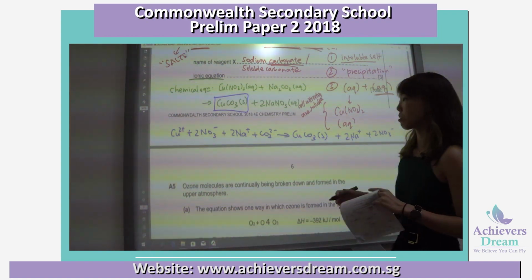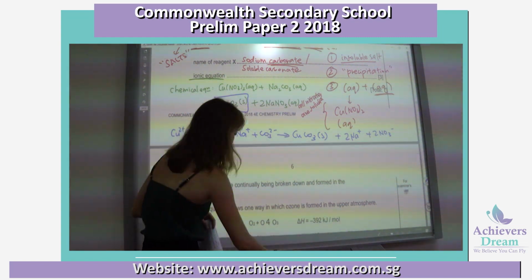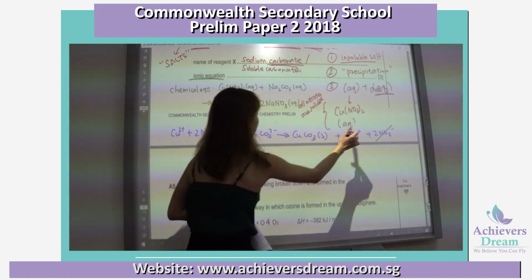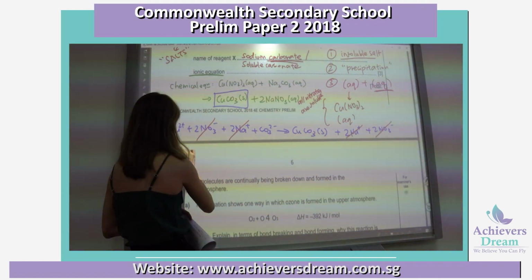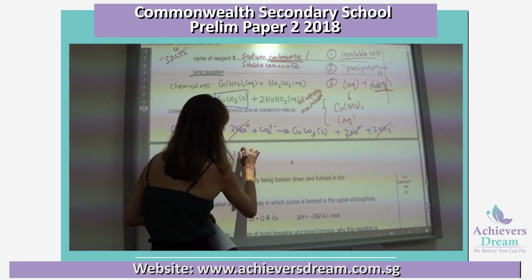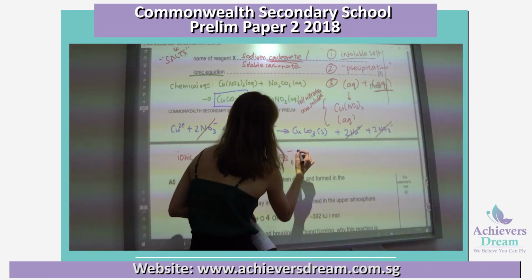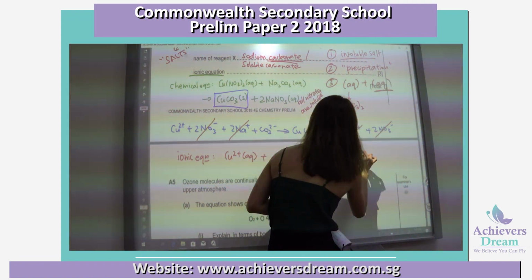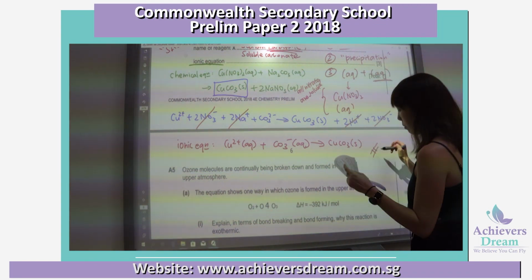So I am going to cancel away the spectator ions, which in this case will be NO3-, Na+, anything else? There's nothing else. So my final ionic equation would be Cu2+ in the aqueous state plus carbonate, same thing, equals copper carbonate. This is my ionic equation.